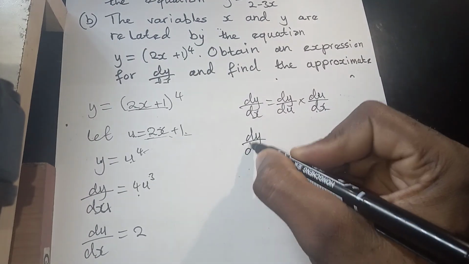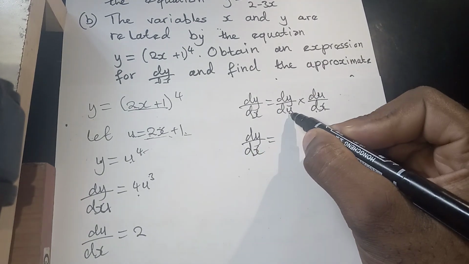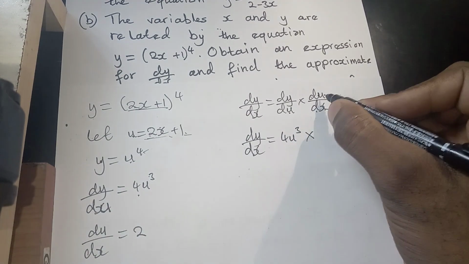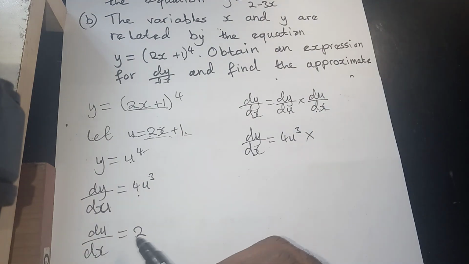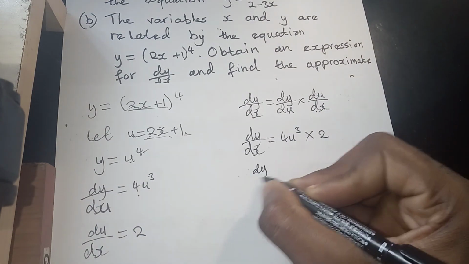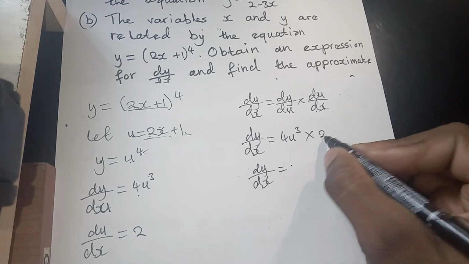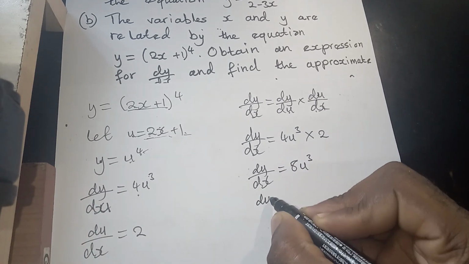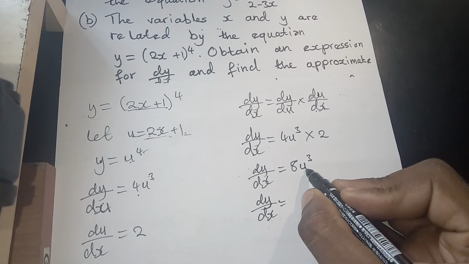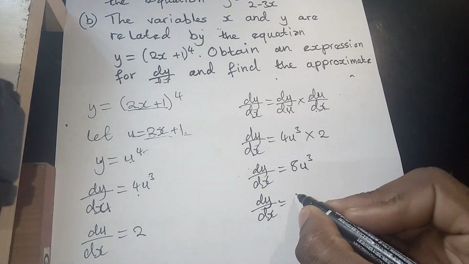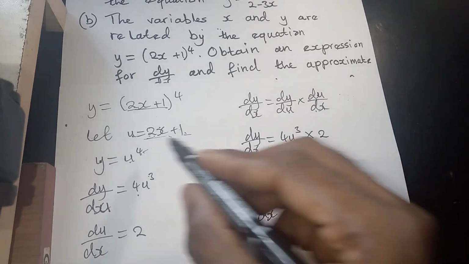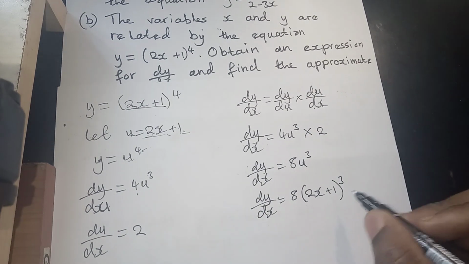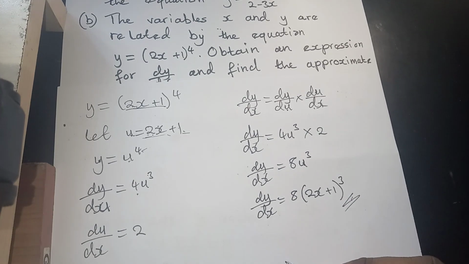So that means our dy/dx will be dy/du, 4u to the power 3, multiplied by du/dx, which is simply a 2. So our dy/dx will be this times this, an 8u to the power 3. But of course, we know that our u is 2x plus 1. So you can say 8(2x plus 1) raised to the power 3. So that means you have answered the first part of the question.